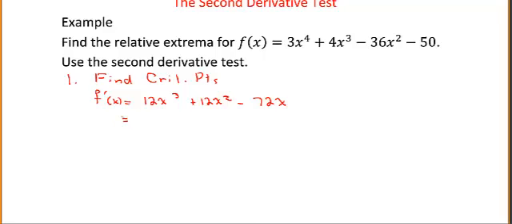If I look at this, I can factor out a 12x, and I'll have 12x times the quantity x squared plus x minus 6. Make sure I did this right. And this I can factor further. This will be 12x times x plus 3 times x minus 2. Let me double check that I've done this right. x times x is x squared, 3x minus 2x is x in there.